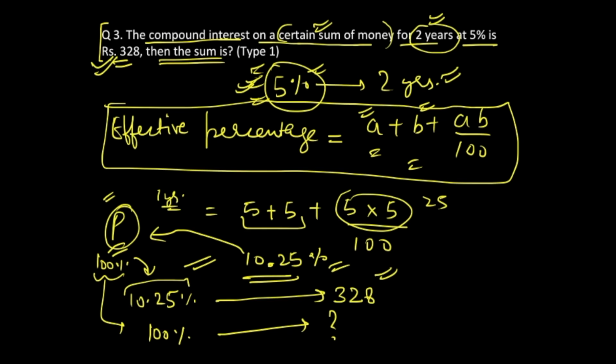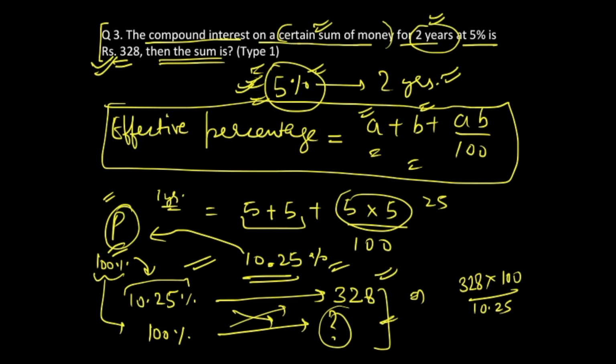In order to do that, you do a cross multiplication, and you get your answer as 328 into 100 by 10.25, right? Are you clear with how we have done this? What is happening is 10.25% gives you 328, and 100% you have assumed to be x.